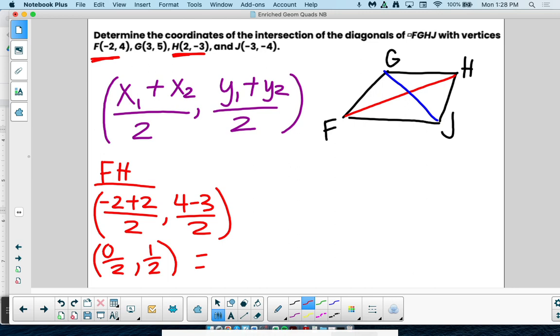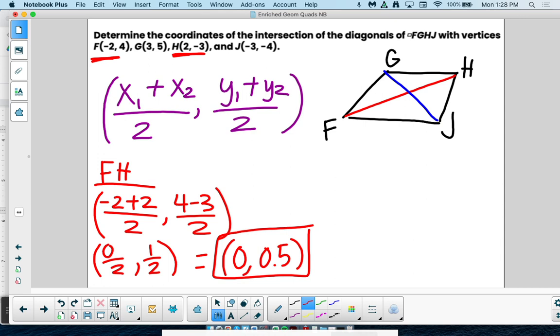Did I get 0 and 0.5 for that one? And you have to do it to the second one as well, just to make sure you get the same thing. So now plug in for GJ.